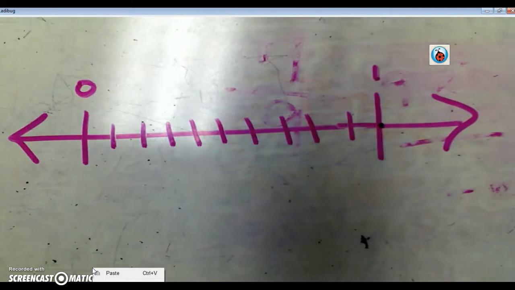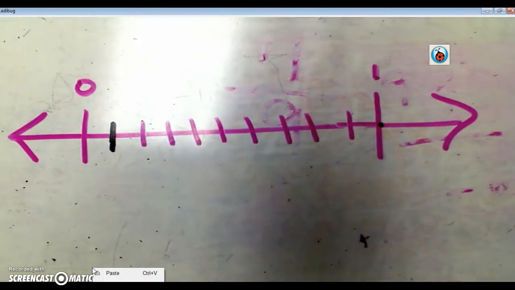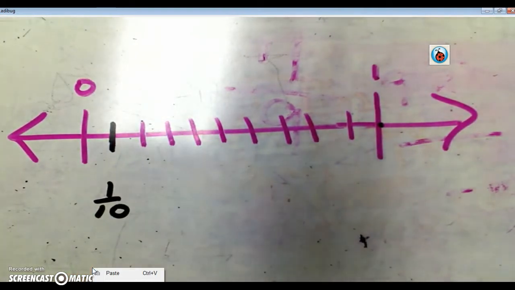We know how to write 1/10 as a fraction, don't we? If I told you this mark right here is 1/10, how would I write 1/10 as a fraction? Elliot? 1 over 10. How would I write 1/10 as a decimal, Gabe?